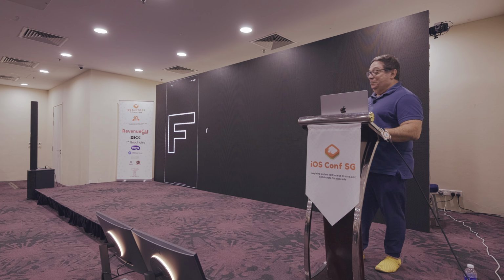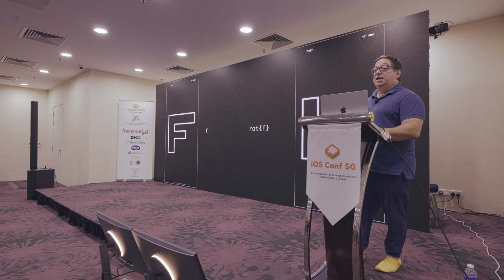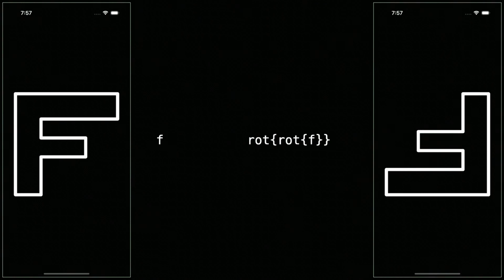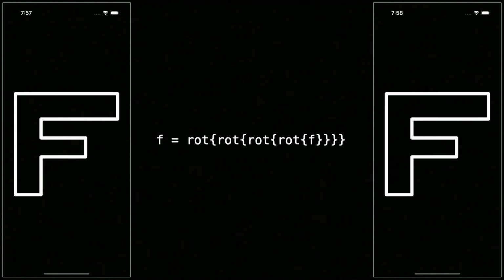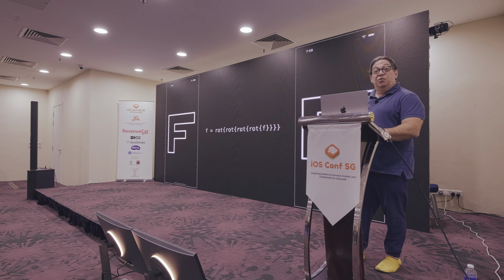I start with something, and I rotate it, and I rotate it again, and I rotate it again, and I rotate it again, and I'm back where I started. And so one of our rules is you apply rotation 4 times, you should always get back to what you started. And that allows us to start reducing things.